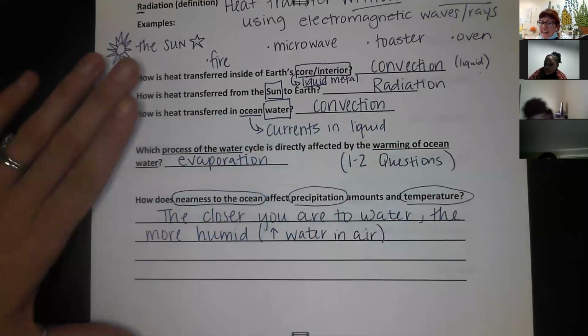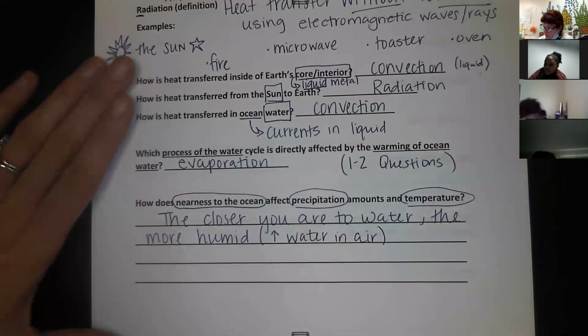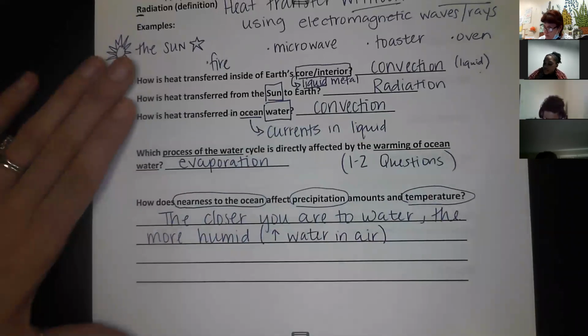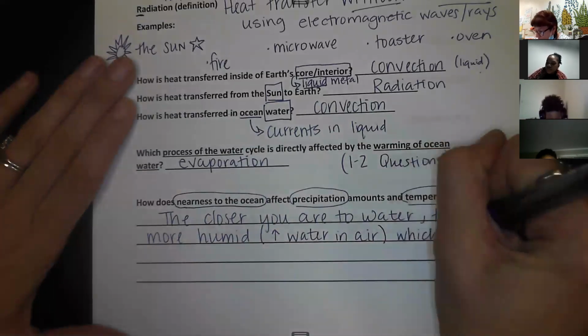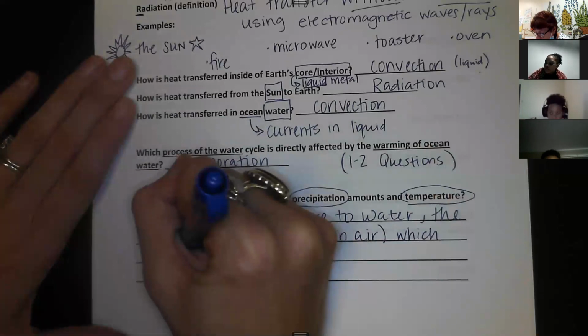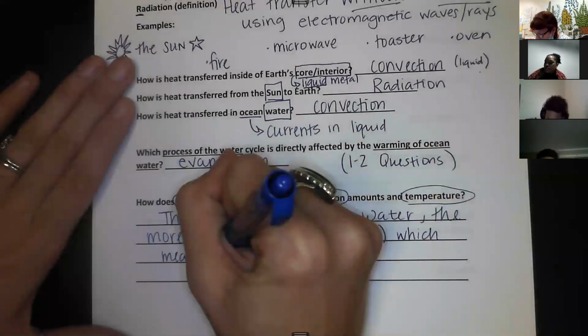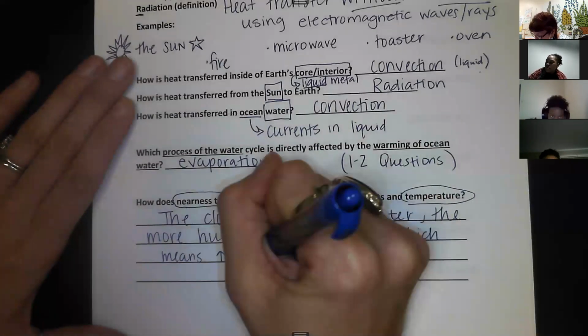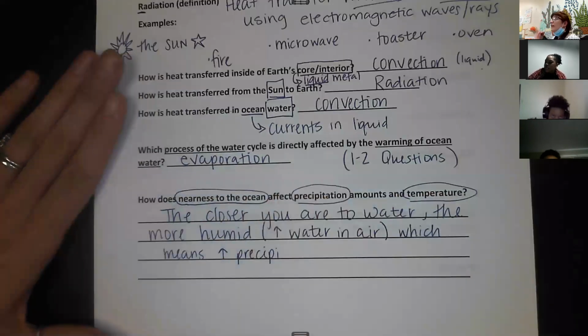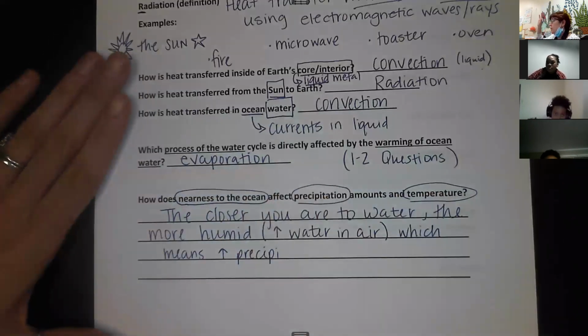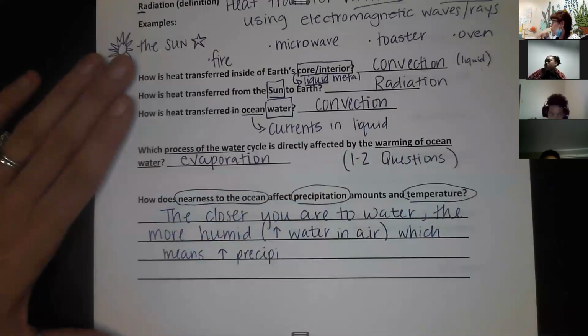Which means, what does it mean? We just said it, but what happens to precipitation? Yep, more precipitation. What about temperature? You think so? Slightly cooler temperatures, right? Because like the water's cooling things off.